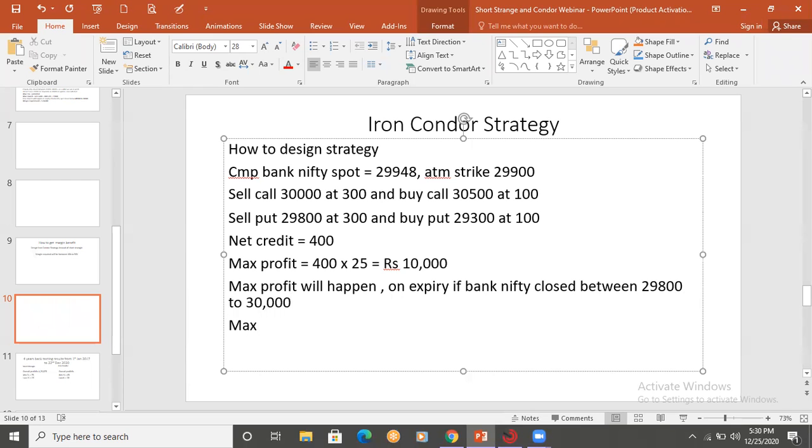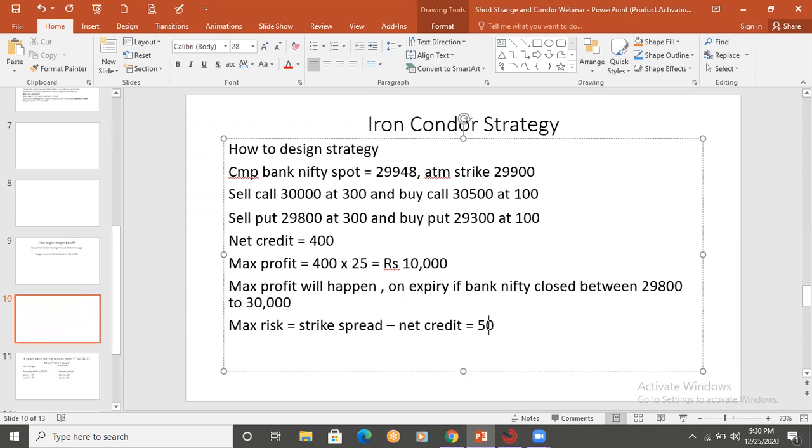Now let's talk about maximum risk. See, in the short strangle strategy, I told you maximum risk is unlimited. But in the iron condor strategy, our maximum risk is limited. You know in advance how much you will lose. Let's calculate the maximum risk in this example. The maximum risk is strike spread minus net credit.